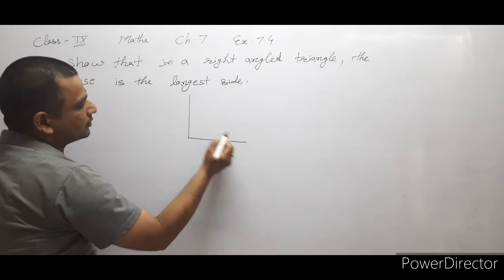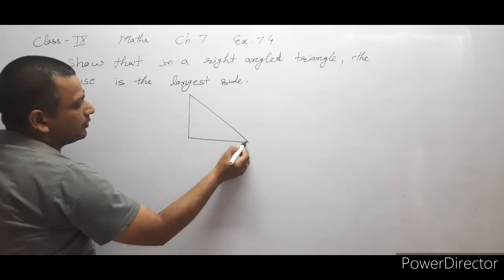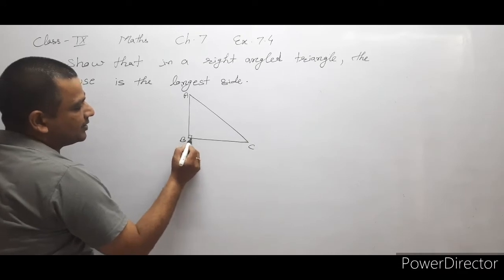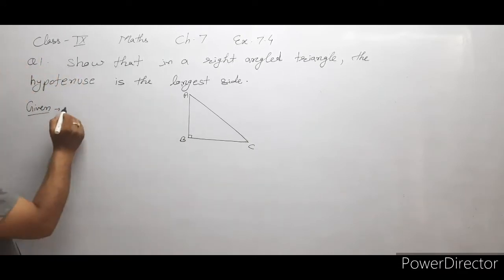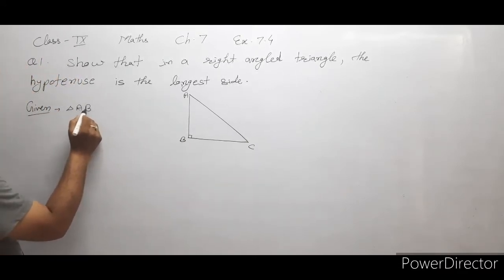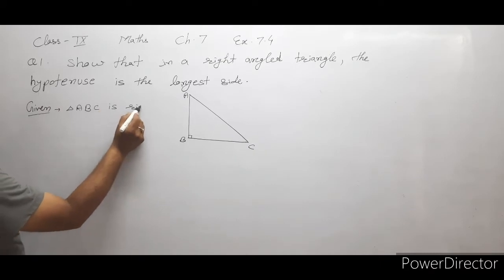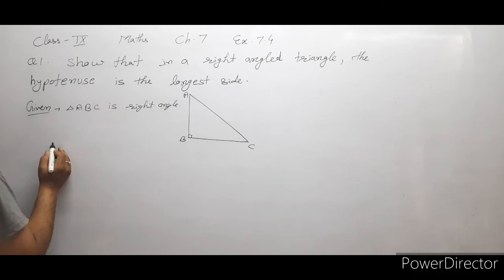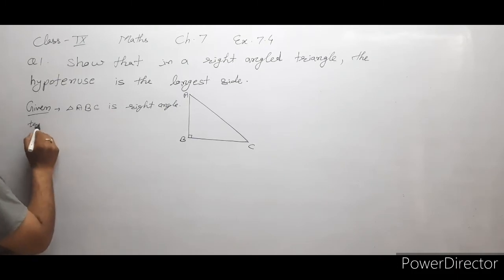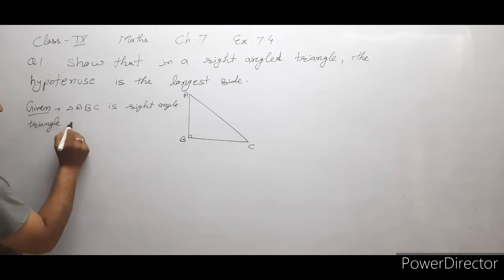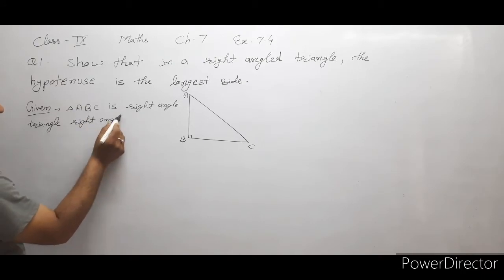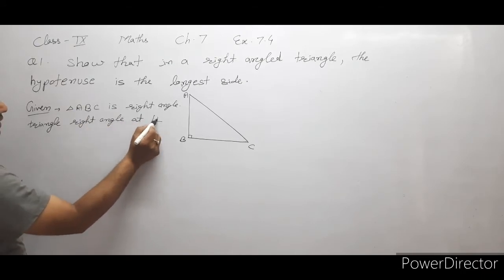Let ABC be a right angle triangle, with right angle at angle B.